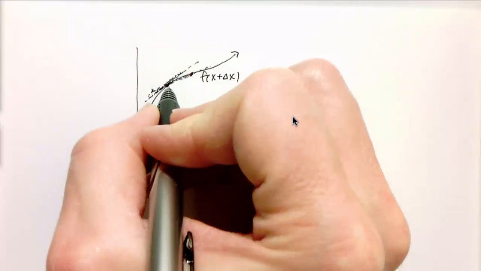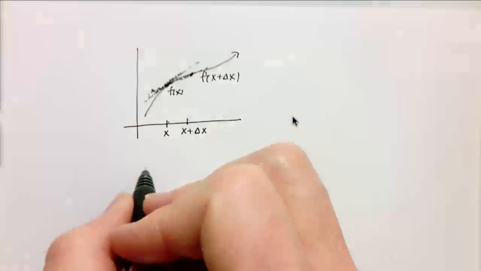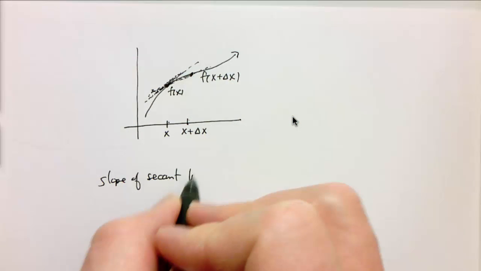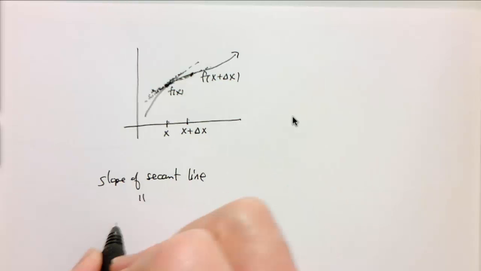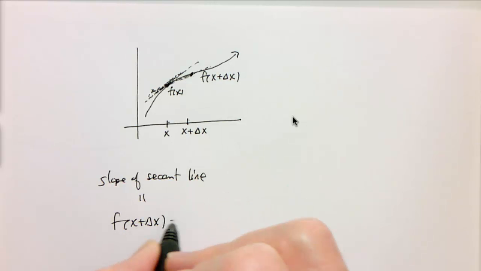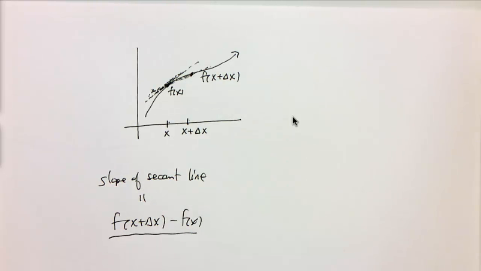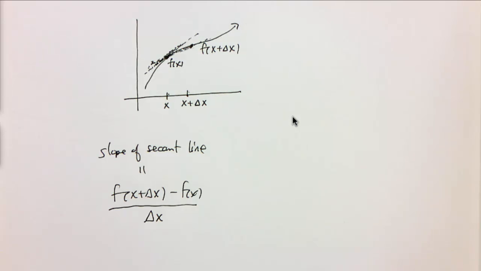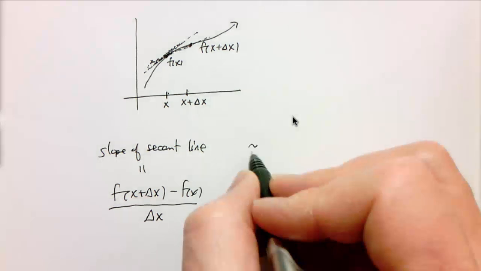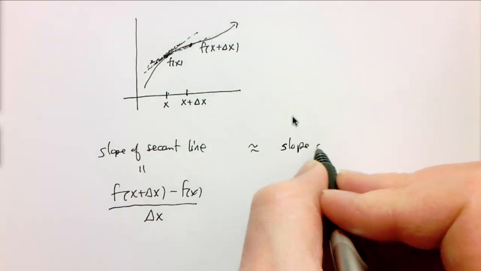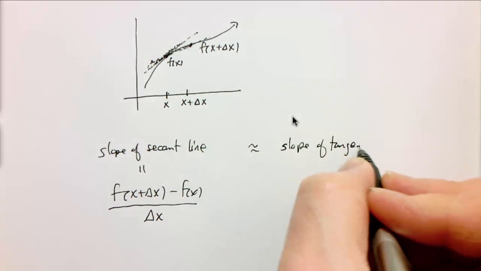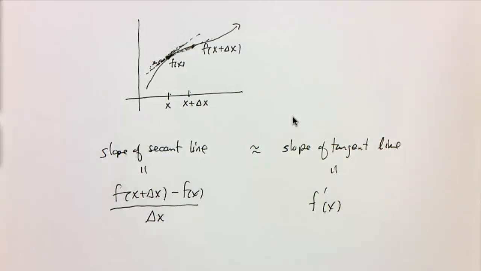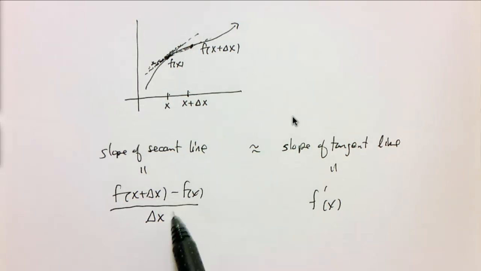Well, if this has y-coordinate f of x, then the secant line slope is rise over run. And that is going to be approximately the same as the slope of the tangent line, particularly if delta x is very small. And this is, of course, f prime at x. So nothing new here either.